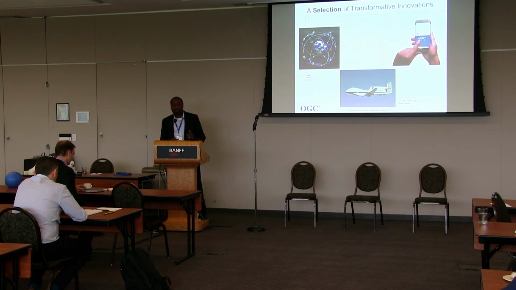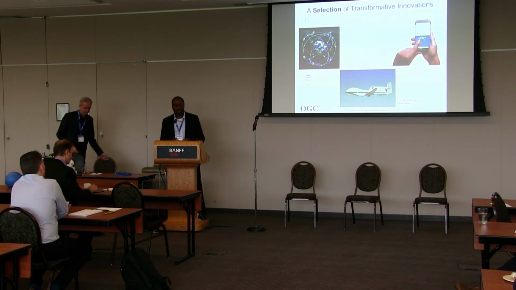And I bet most people in the room have got a smartphone, which probably has a GNSS chip, or global navigation satellite system chip, embedded within it. And all these innovations have transformed how we carry out our daily activities as a society.